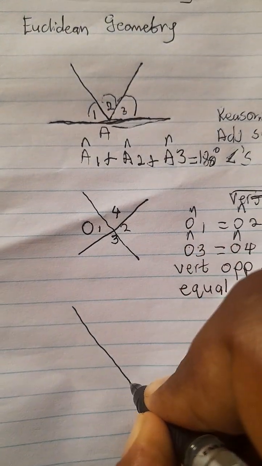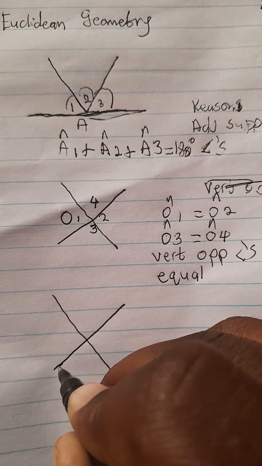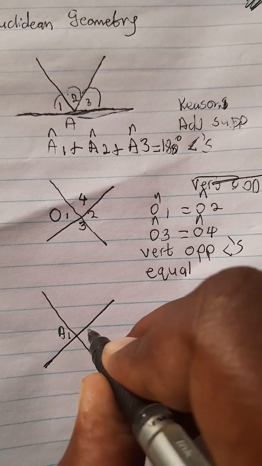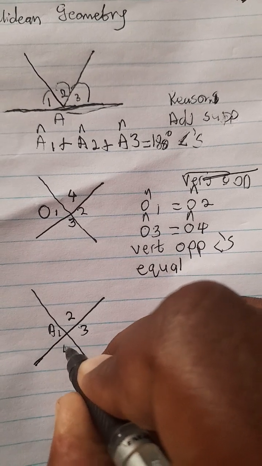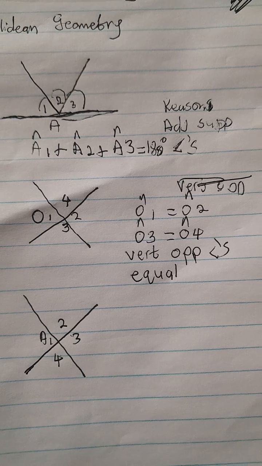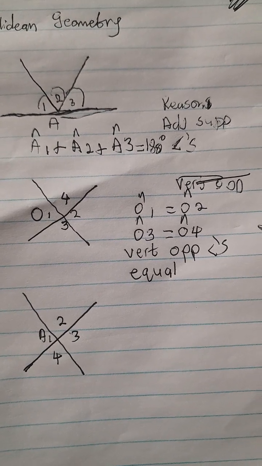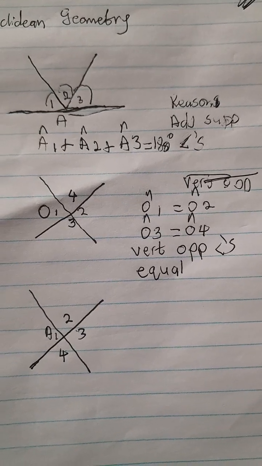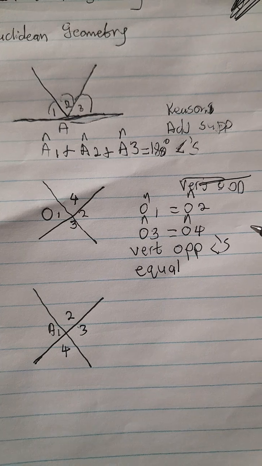Let's see another type of straight line that you may encounter. Let's consider this is angle A1, angle A2, angle A3, and angle A4. These are angles around a point. Angles around a point are said to be 360. Yes, they form what we call a revolution.